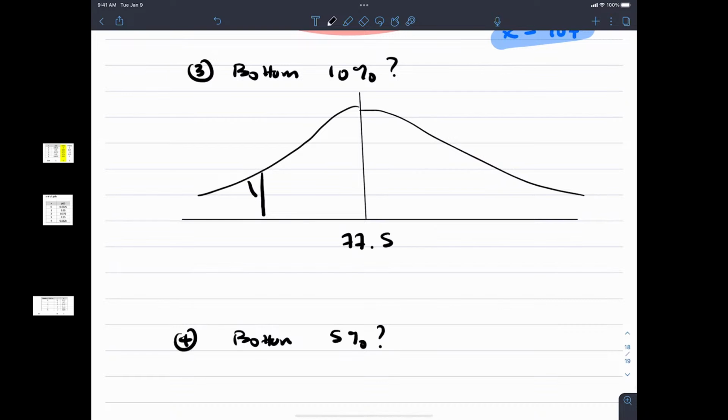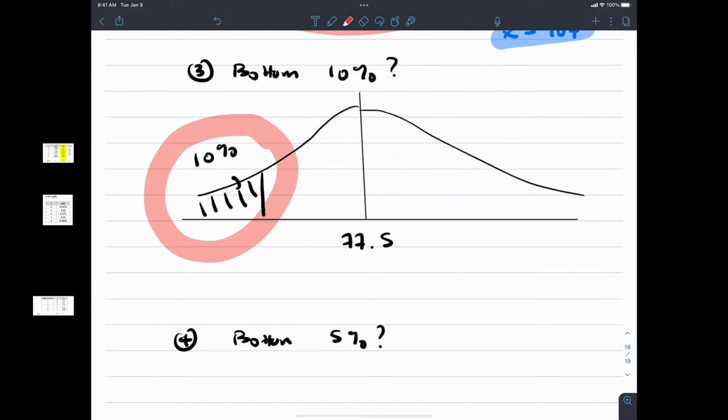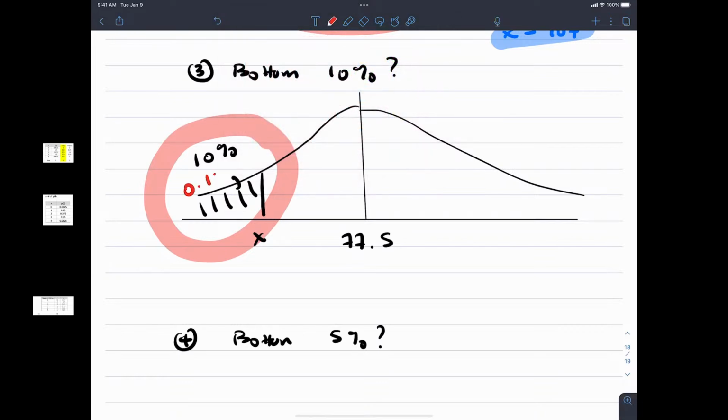Bottom what again? This is the bottom 10%. So what kind of tail is this? That's a left tail question, because it's bottom 10%, left tail. So how do you write 10%? 0.10. Now notice, isn't that area to the left? So that would be the default, right?